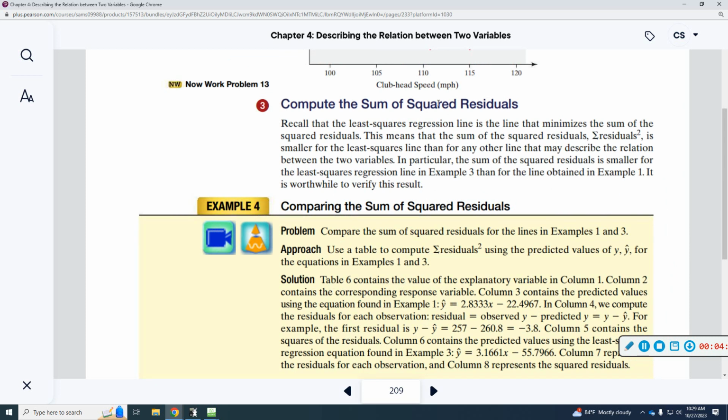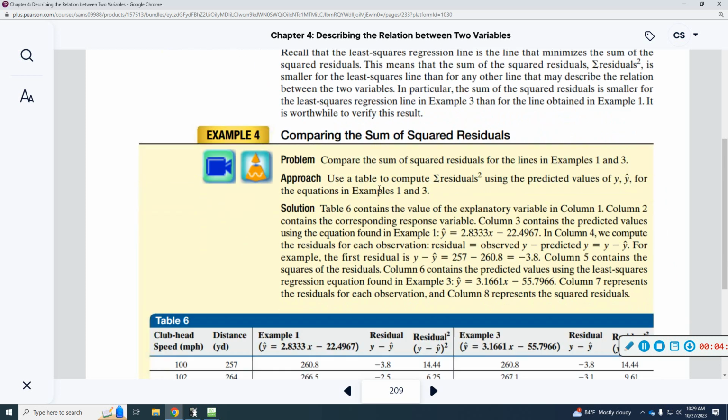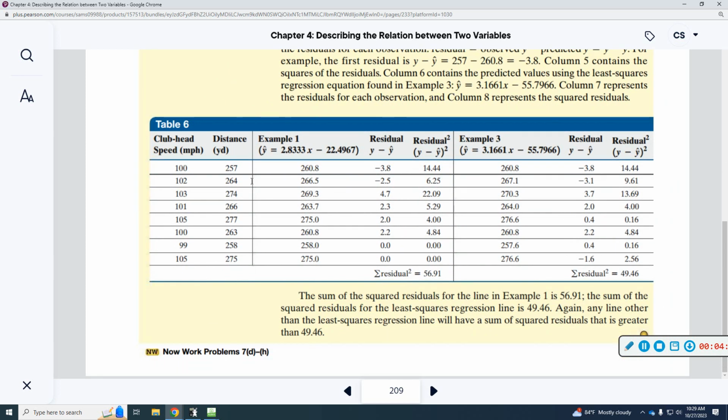Compute the sum of squared residuals. So here's a table showing you how to do all that. We've got these values and the distances. They've got the slope equation, so these are the predicted values.